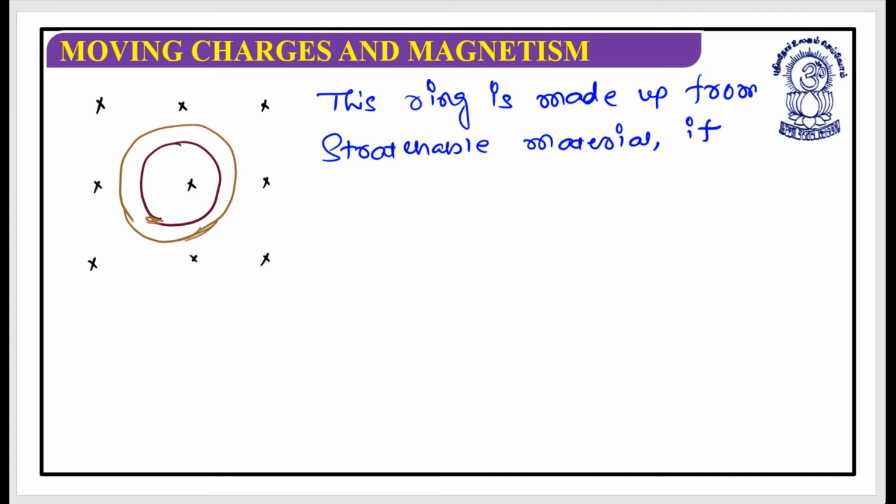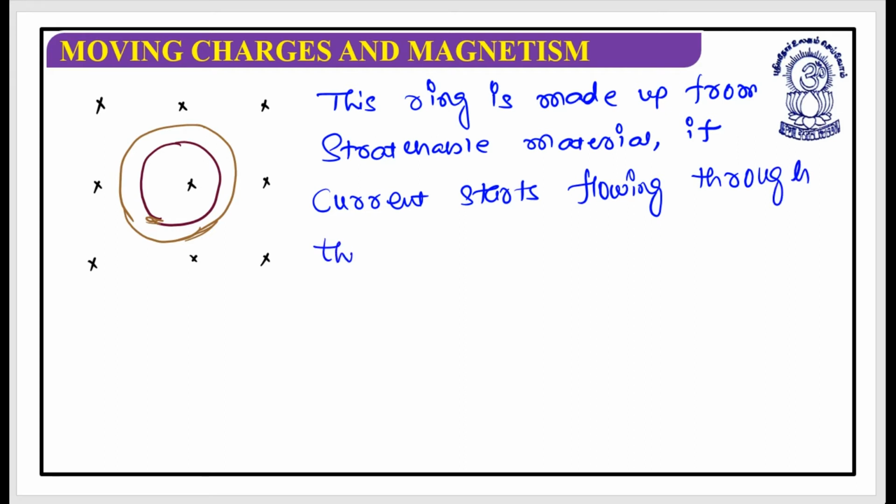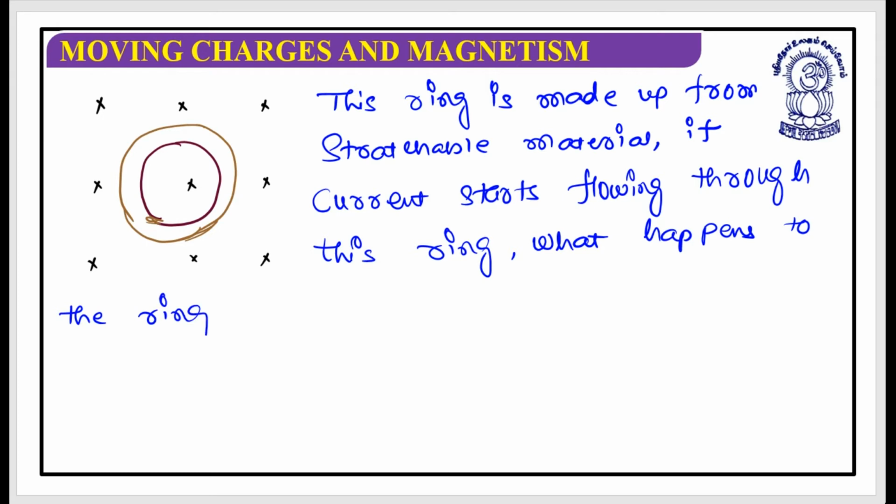If current starts flowing through this ring, what happens? What happens to the ring due to magnetic force?